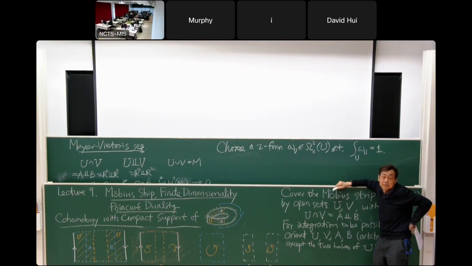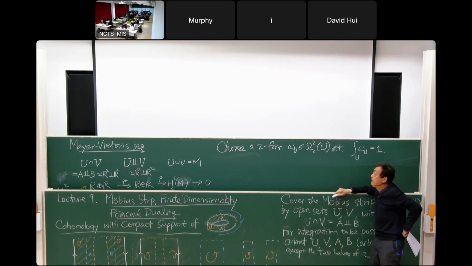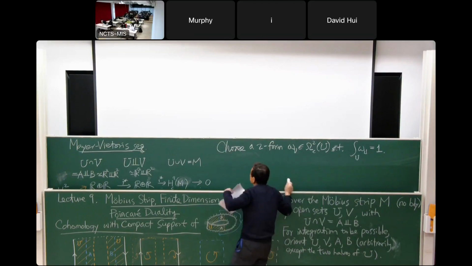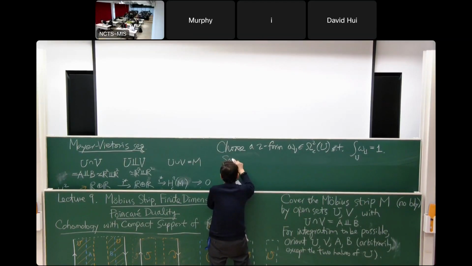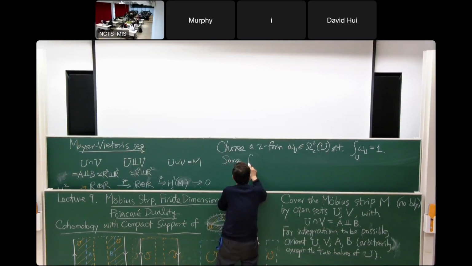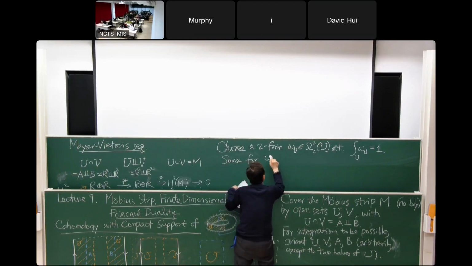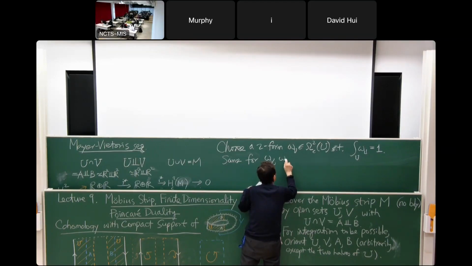It will give a generator of H2C of U. And then similarly for the other open sets, omega V, omega A, omega B.